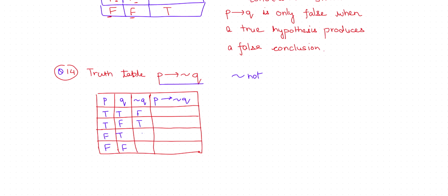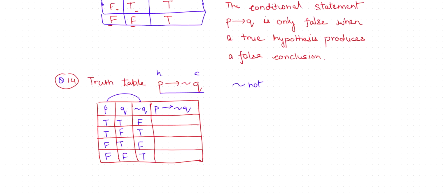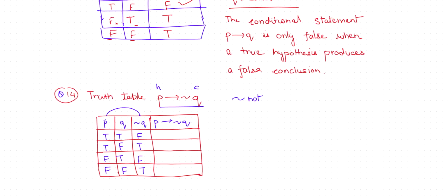Now we have to consider only P and not Q, that is, if P, then not Q. P is the hypothesis and not Q is the conclusion. We know that the conditional statement if P, then Q is only false when a true hypothesis produces a false conclusion. In this case, not Q is the conclusion.